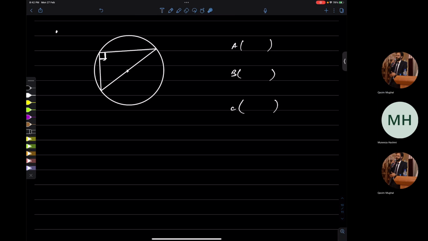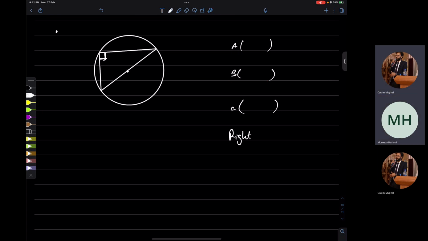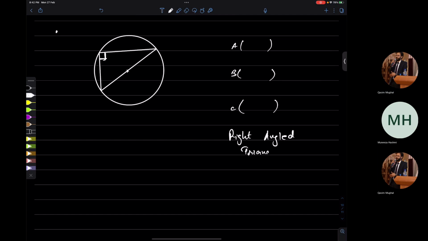Now, if somehow I can prove that the three coordinates make a right angled triangle, how will I be able to prove that? That if the 3 points combined together, they make a right angled triangle.